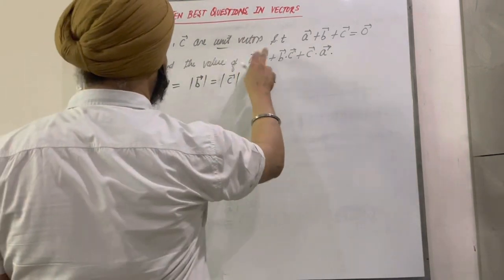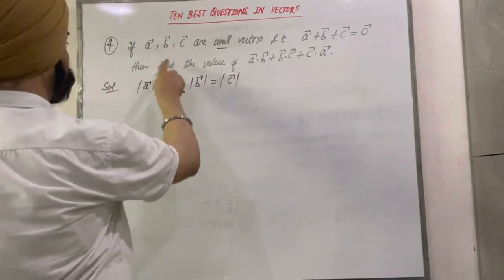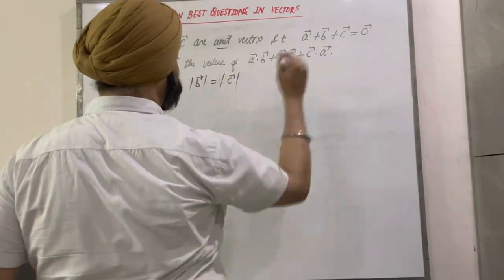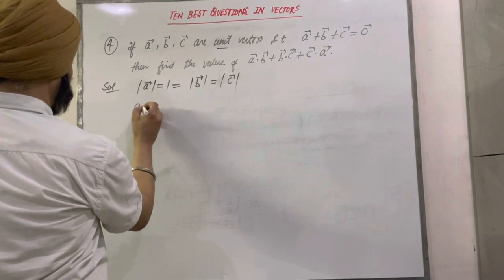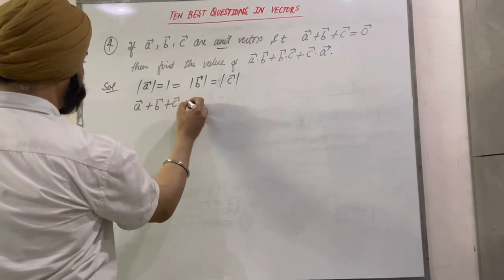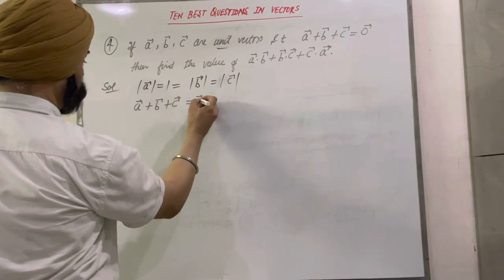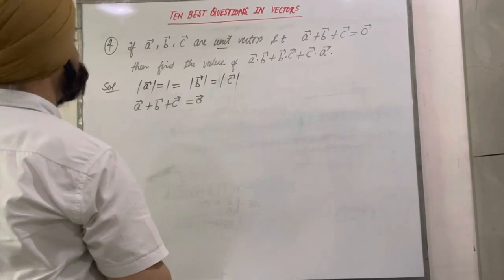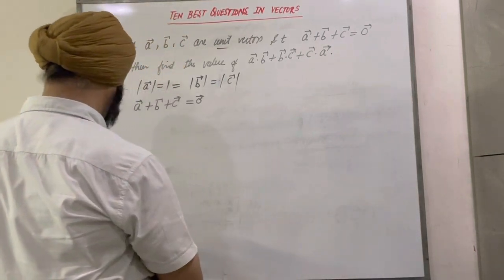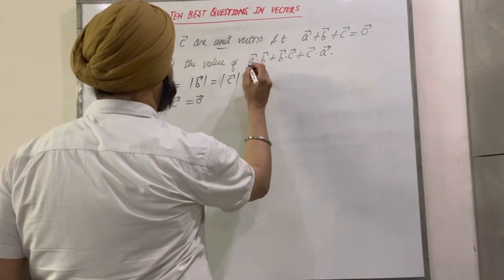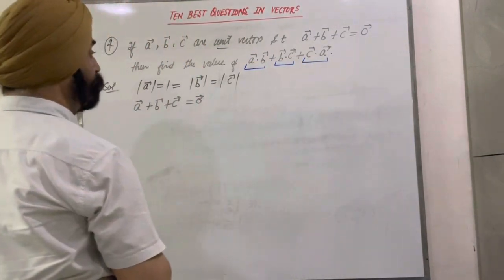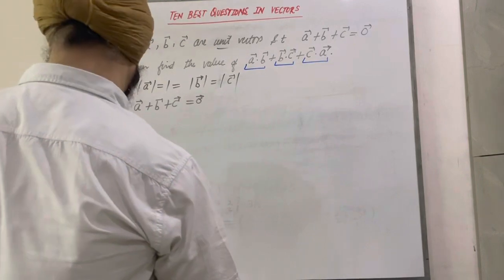So they are unit vectors, such that vector A plus vector B plus vector C is equal to a zero vector. Now we are being asked to find the value of the sum of A dot B, B dot C and C dot A.